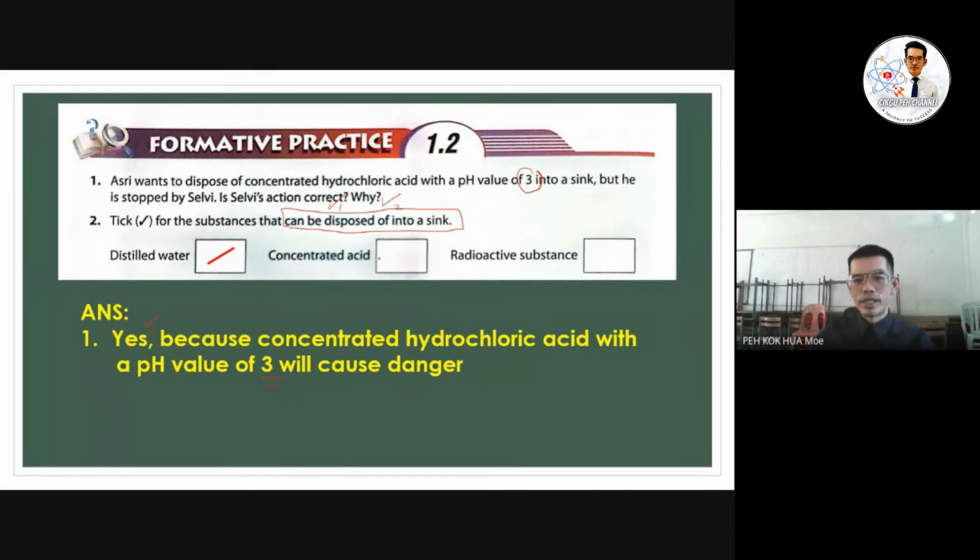Actually, the concentrated acid and the radioactive substance are dangerous chemicals. Weirun has answered: both are no. Correct. So only one answer here: distilled water can be disposed of straight away into the sink. Thank you for your response, Weirun.